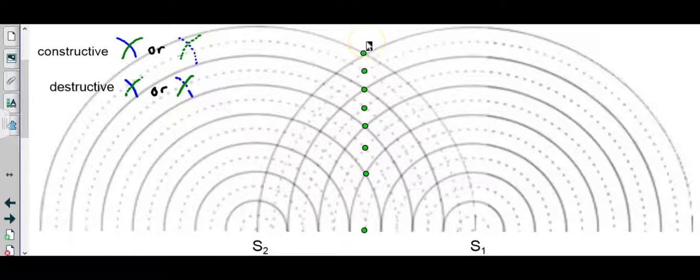Now let me connect that with a line for you. So I've connected all of these points with a blue line just to show you that this is the central maximum. Now let's move over to the side by one wave crest and let's trace out what we get from that pattern.